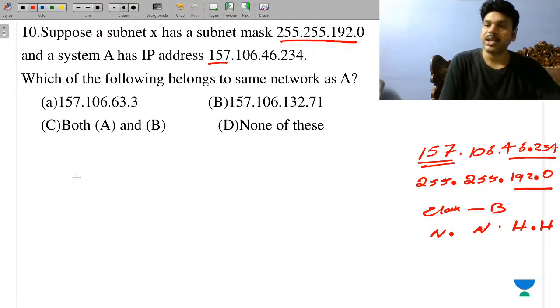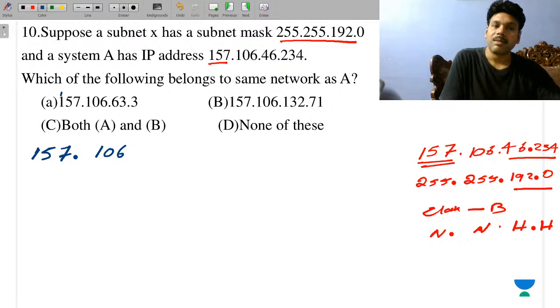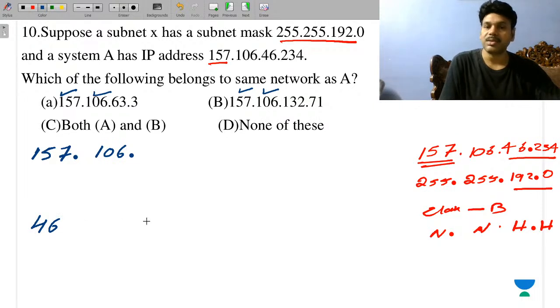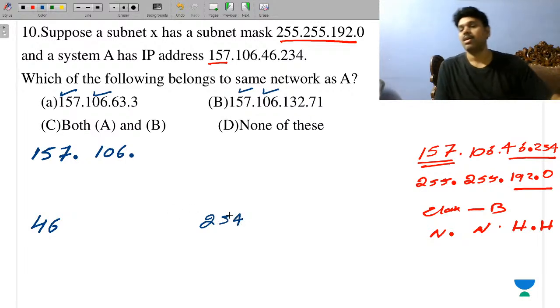So my dear friends, find out your subnet ID and subnet broadcast address. Now I am taking 157, we are not going to test. 106 we are not going to test because they are your network numbers. Our intention is the last 2 octets. 46 you need to write into binary, and the other octet also you need to write into binary, that is 234. There is a shortcut I can tell you.